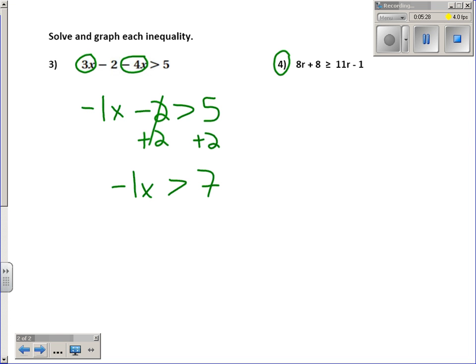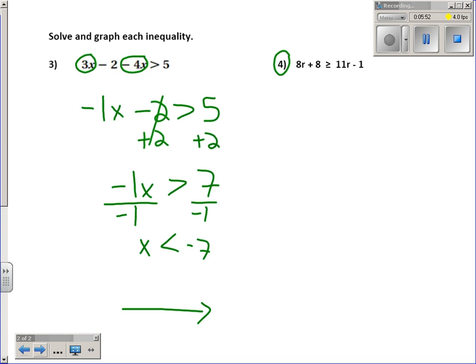So to get rid of multiplication of negative 1, we divide by negative 1. So x is less than negative 7, and this situation was where we divided both sides by a negative number. So that means we have to turn around this inequality sign. It's going to point in the other direction.